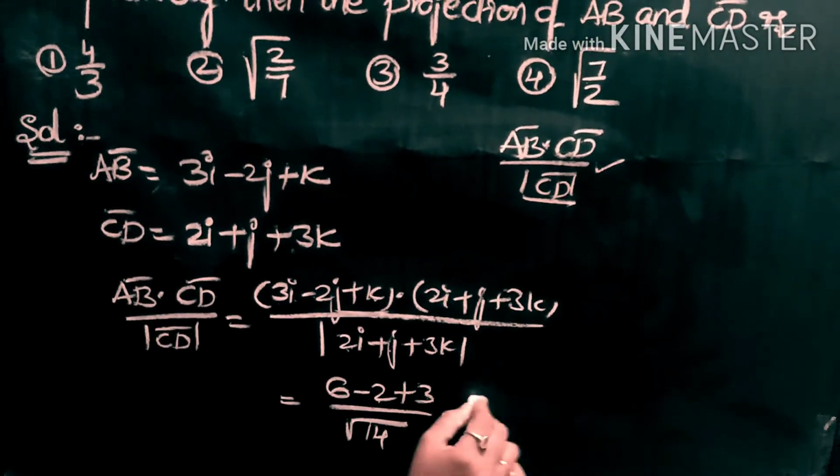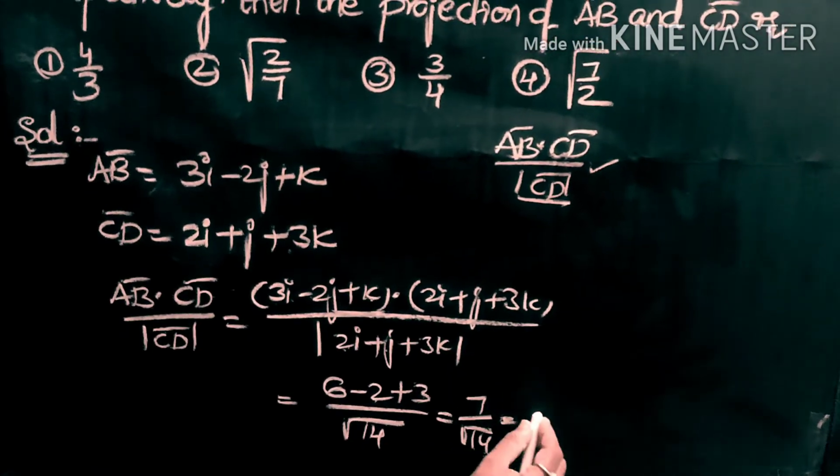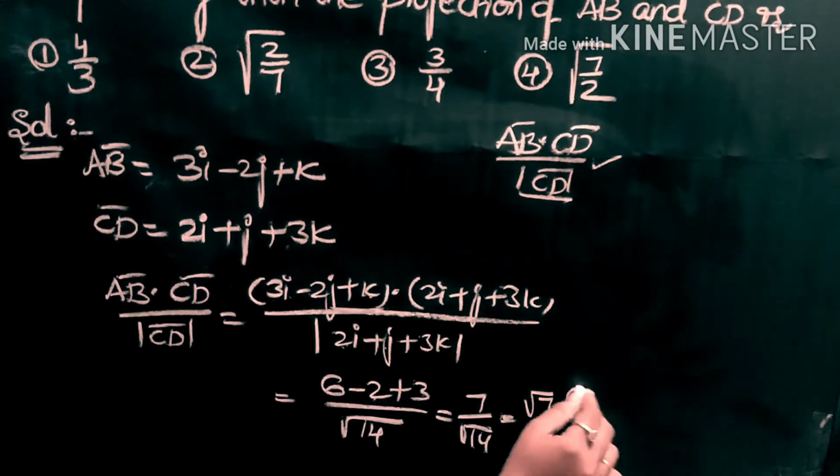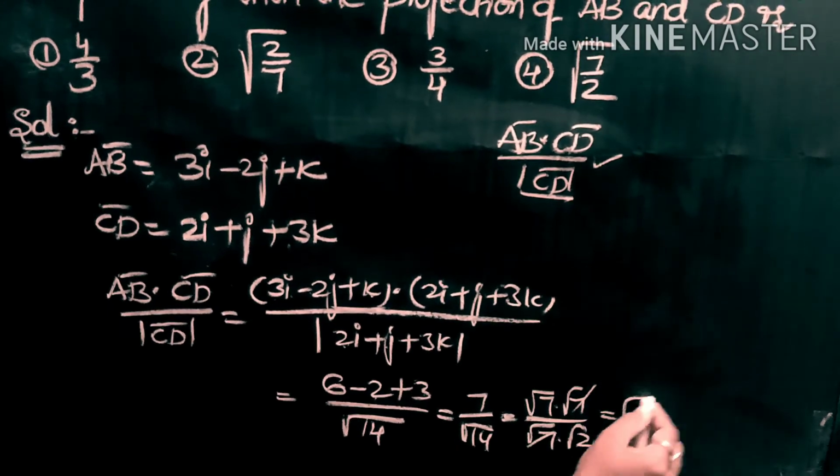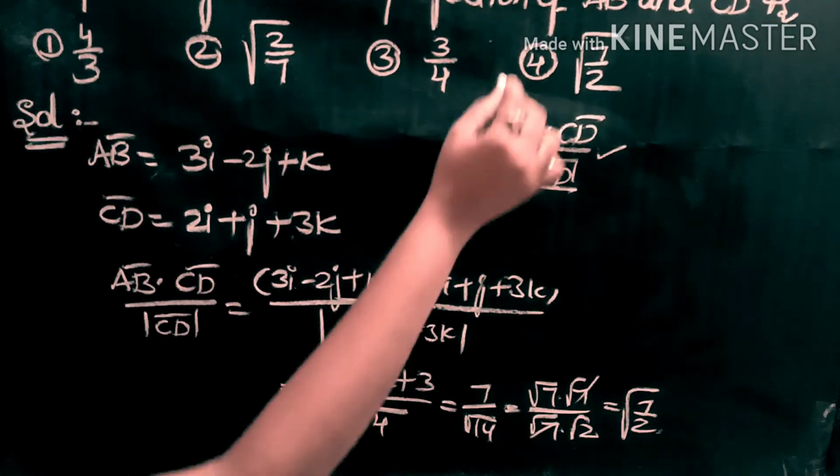This is 4 plus 3, 7 by root 14, and this is equals to root 7 into root 7 by root 7 into root 2, which is equals to square root of 7 by 2. That is the last option.